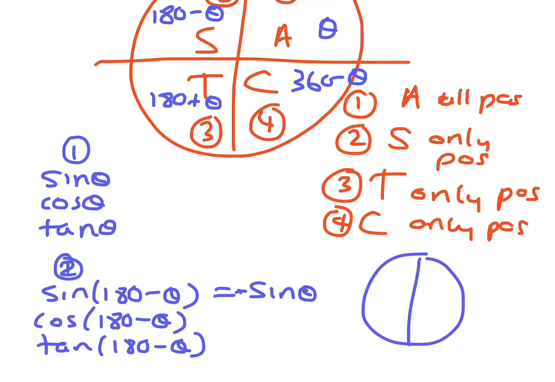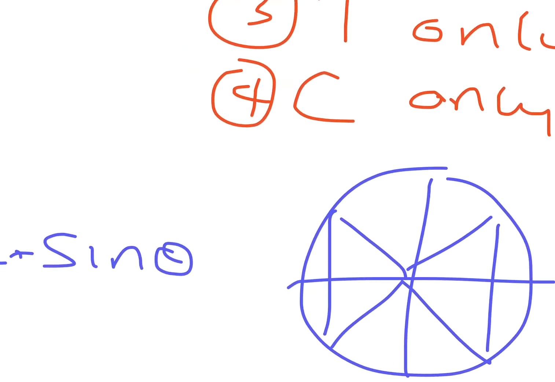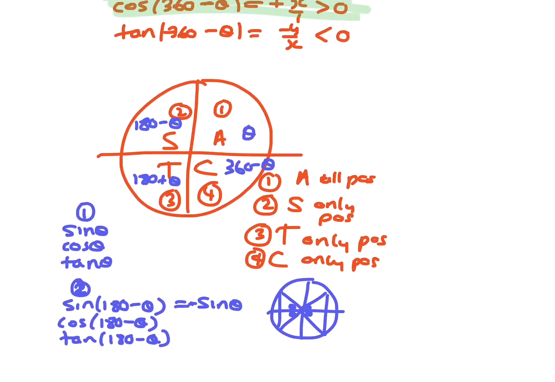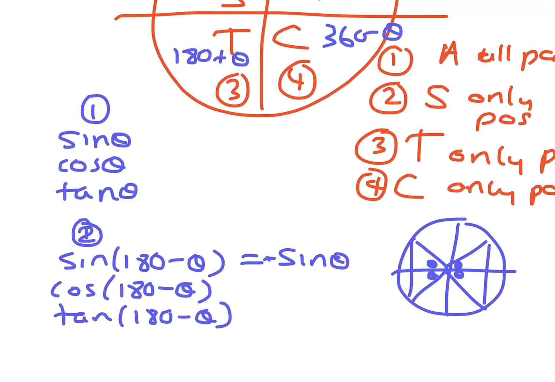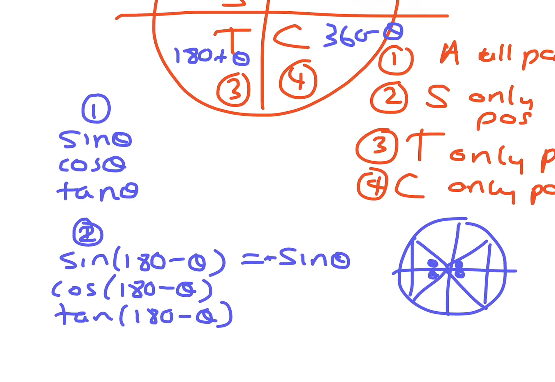And when we're looking at these angles, the triangles will go like this, and the little angle in there, that's your theta. So it's equivalent to that acute angle there, but it will be positive in that quadrant. Cos will be negative in that quadrant, so it's minus cos theta, and tan will be negative in that quadrant.